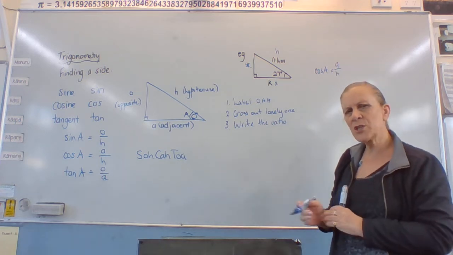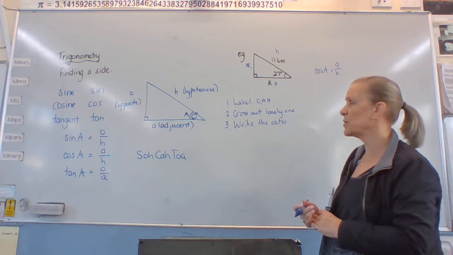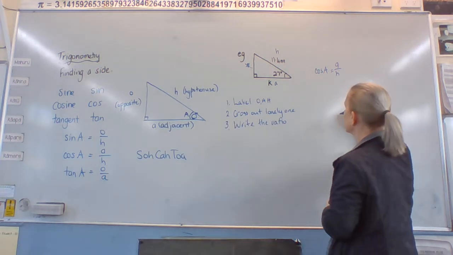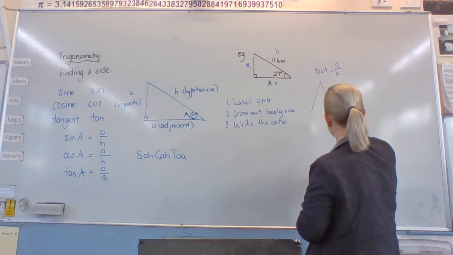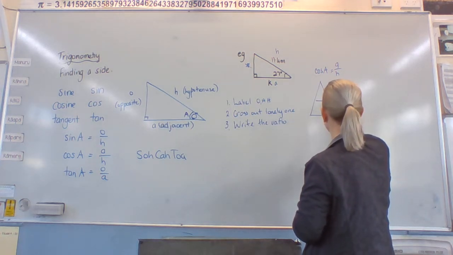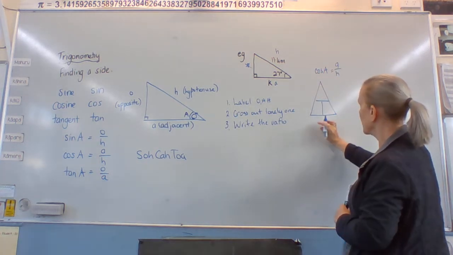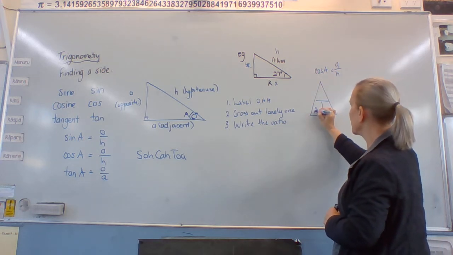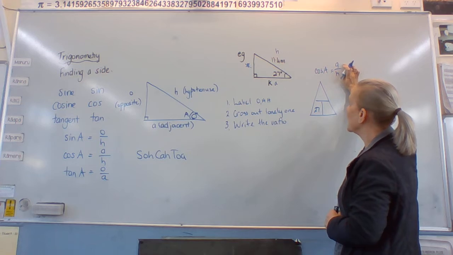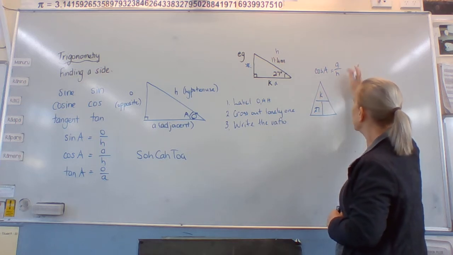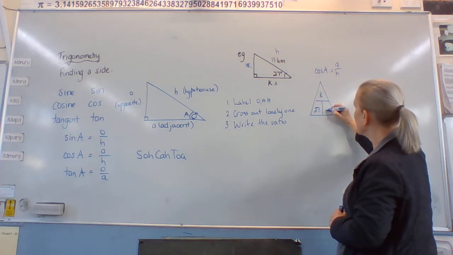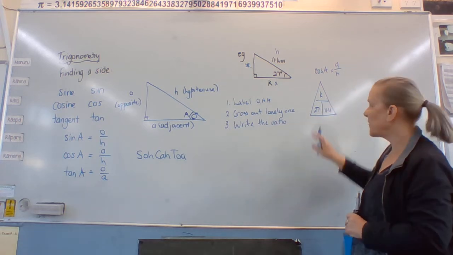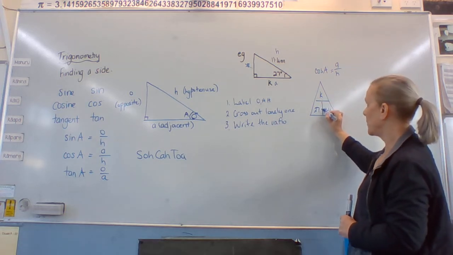Now I want to know what I'm looking for and how I'm going to do it. So what I use next is a triangle that looks like this, and I put in this particular expression. Cosine, do I have the angle? Yes, I do, 27. Do I have A? No, I don't. That's K. Do I have H? Yes, I do, that's 11.4. So this tells me that I find K by multiplying.